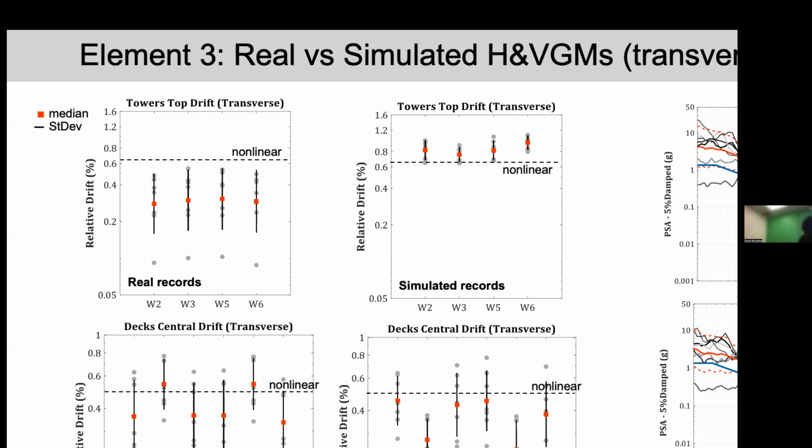What is happening here is that as a result of this scaling in the bandwidth 0.5T to 2T, we are scaling in this region, but we are then overestimating the spectral acceleration at T1, which will be the higher period for the tower. And so as a result, for the real records we have 1G at 1 second, but for the simulated records this goes up to 4, 5Gs, which is what is driving this response here.